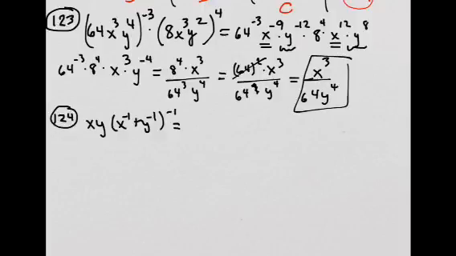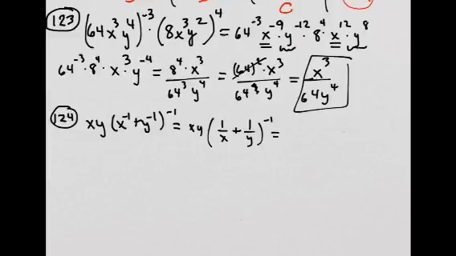Alright, for number 124, I'm going to work with the parentheses first to combine or simplify them. Then I'll do the exponent out here on the outside, and then I'll deal with this. So first, I'm going to simplify this. So this is 1 over x plus 1 over y, to the -1.